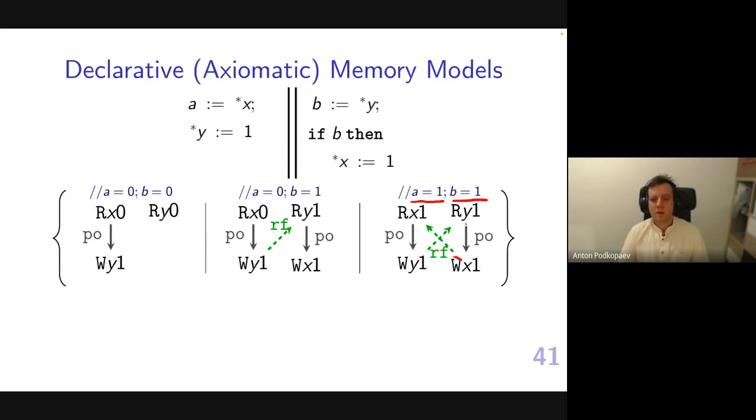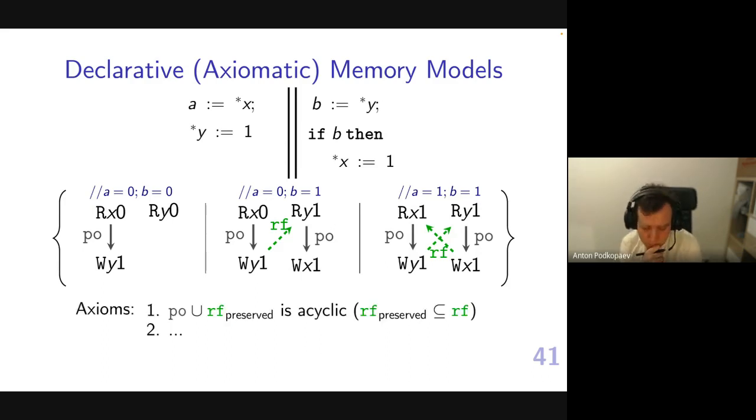But this one, yeah, this one is allowed, and it's fine in the sense that it could be reproduced on an ARM machine. So as we see in the name of this type of memory models, there is the word axiomatic, and actually it is because usually there is a number of axioms which filter the events.